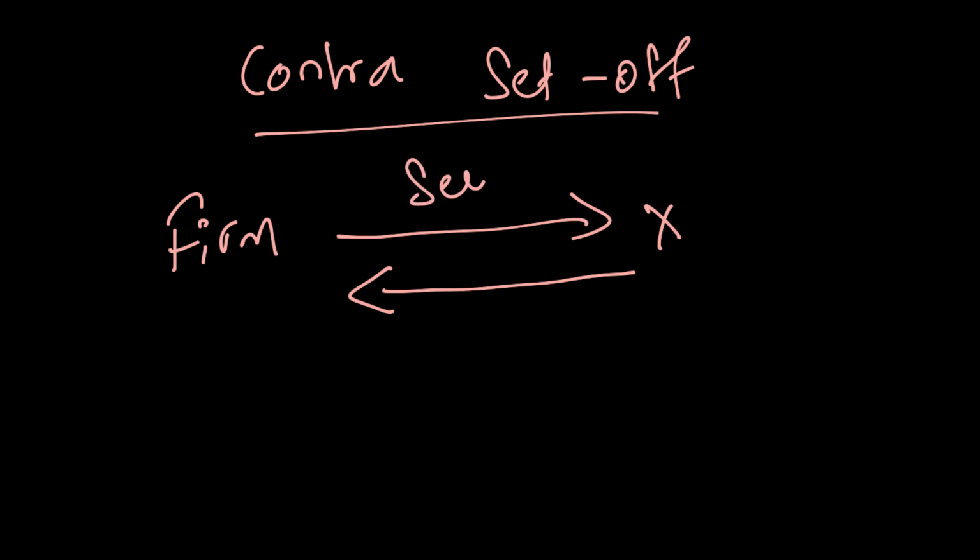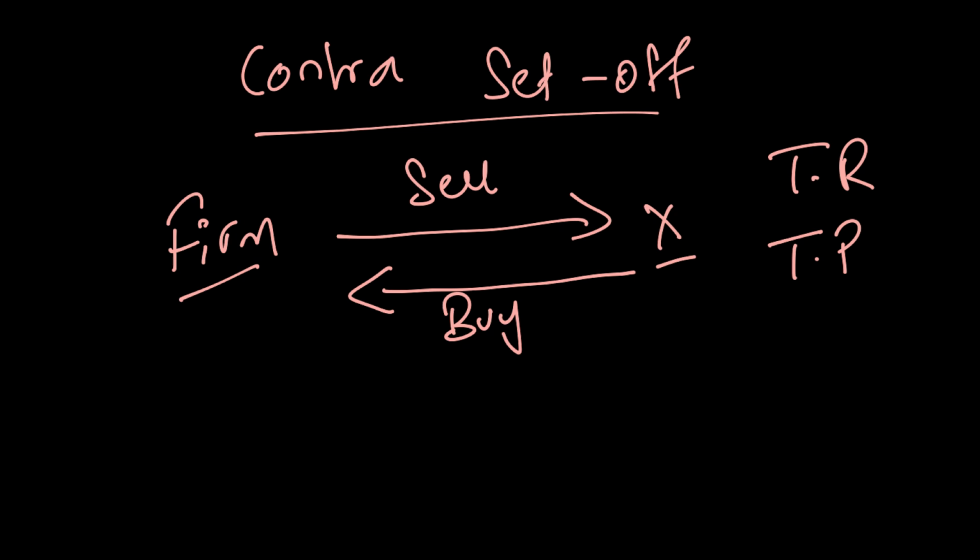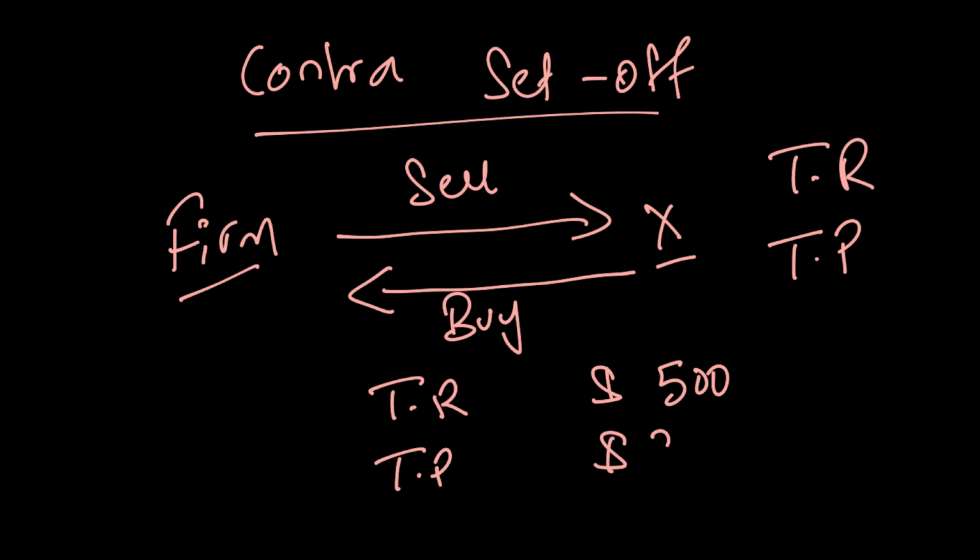So the firm also sells goods but also buys some raw material or any other part from individual X. It means that for the firm, individual X is both a trade receivable and a trade payable. Now let's say that towards the firm, X is a trade receivable and he owes the firm $500. But for the firm, X is also a trade payable and the firm is supposed to pay $300.